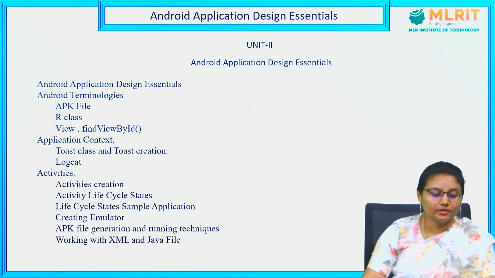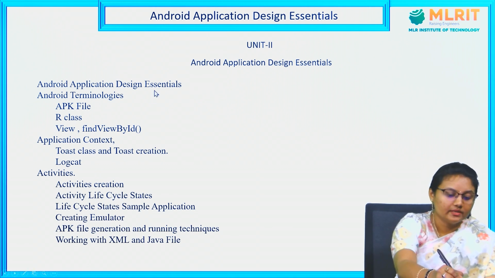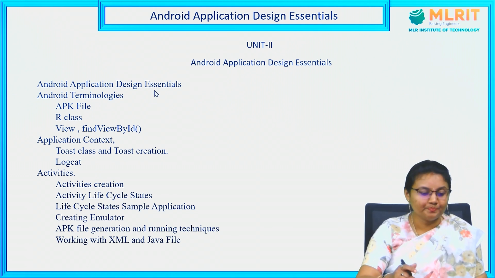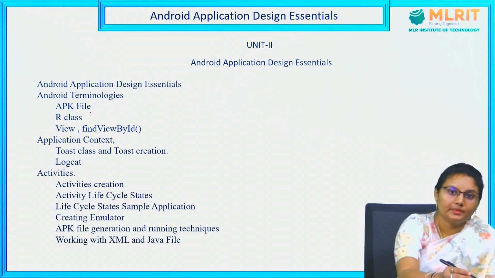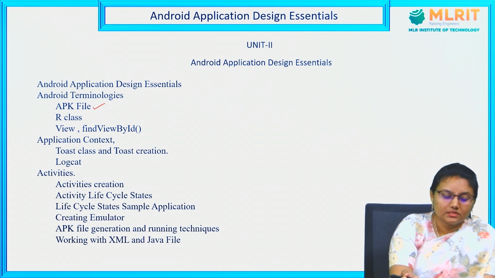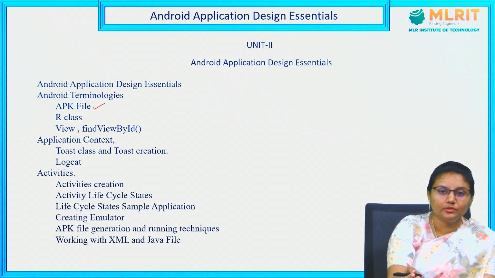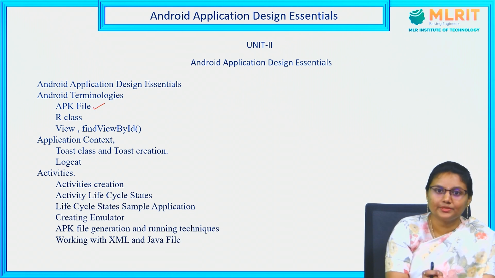We are going to cover topics in Android application design essentials. First, terminologies like what the APK file is, how to deploy your application once it is ready. You need an APK file, which binds everything together as a single file and can be deployed into our Android phones.